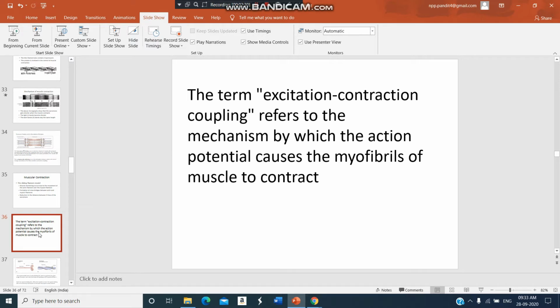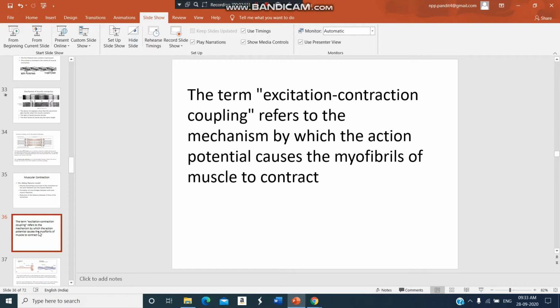Here, what happens is ultimately excitation contraction coupling. What do you mean by excitation contraction coupling? This is the mechanism by which an action potential is generated, and that causes the myofibrils of the muscles to contract by sliding the actin filament over the myosin filament.